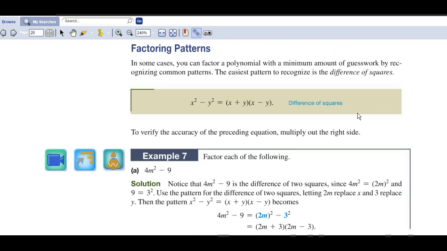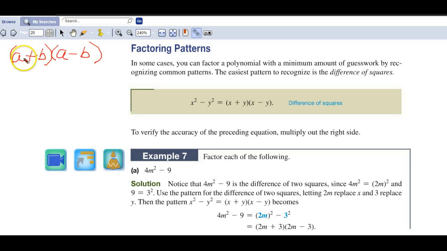Now, one of the things they didn't show us in the previous lesson is factoring patterns. Let me give you a little background on this. If we were to take A plus B and FOIL it by A minus B, we describe this as the product of the sum and difference of the same terms.